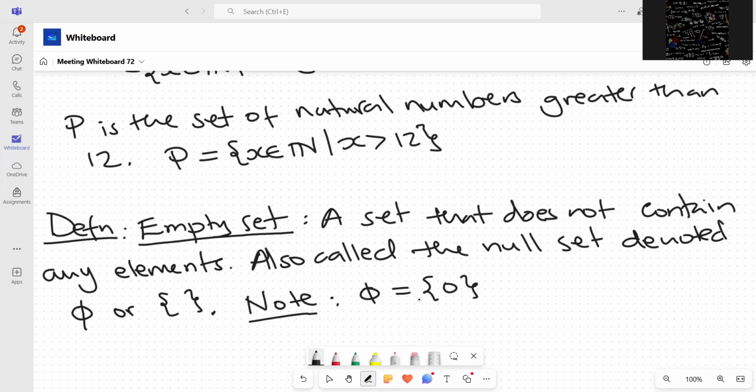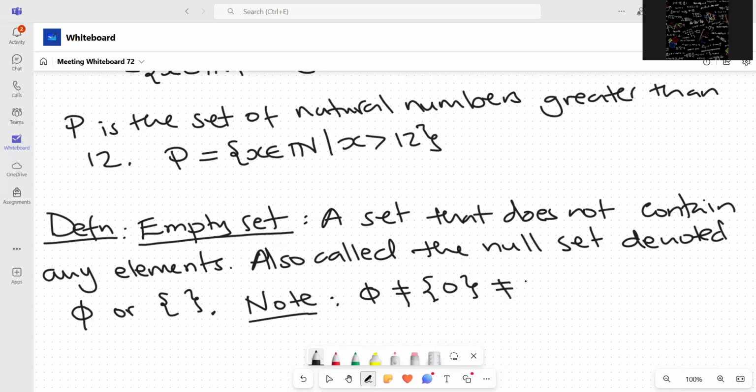These two sets are not equal because this set here is not empty. It contains the number 0, so 0 is an element of that set. An empty set does not have any elements. So if a set has 0 in it, then it is not empty. These two are not equal.